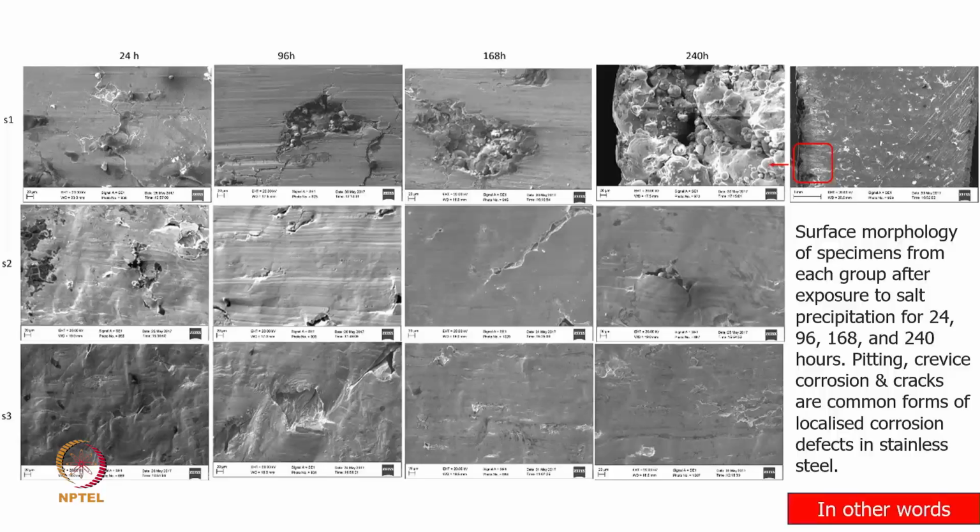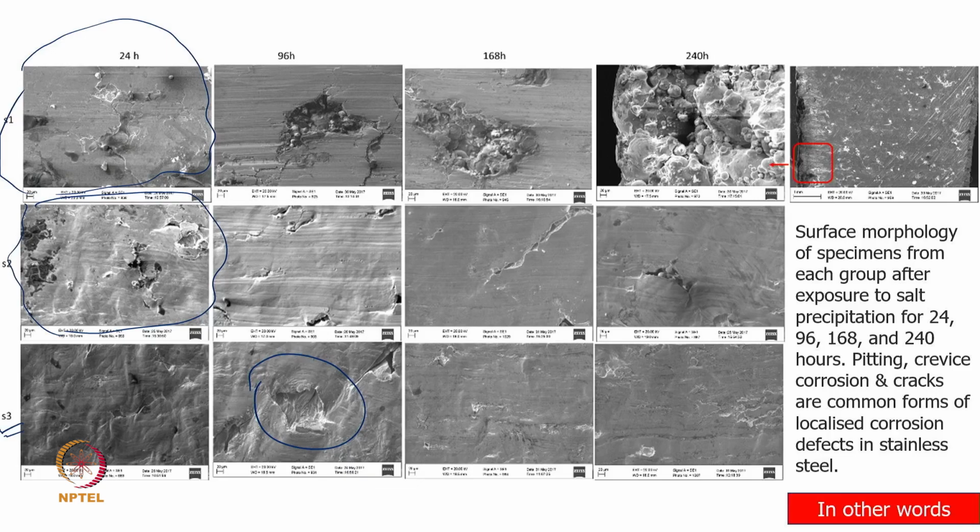Now, they have also given a microstructure, the metallography. You can see here there are many cracks and irregularities in the case of S1. Similarly, we are able to find some sort of irregularities in S2 also, while S3 is more or less good. However, we are able to find some irregularities after 96 hours.